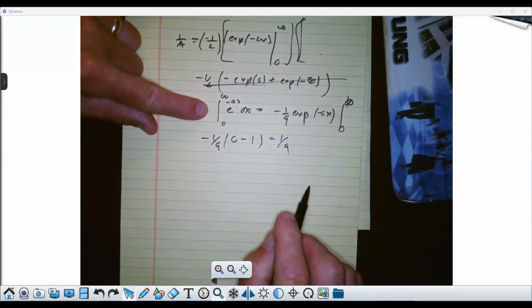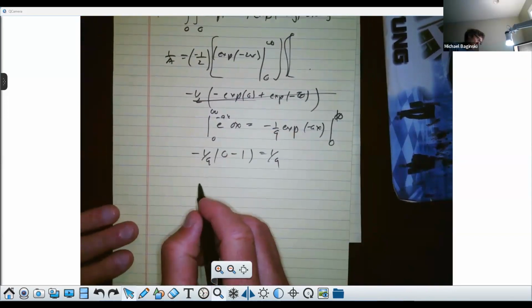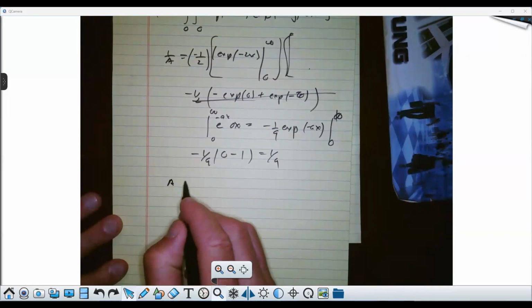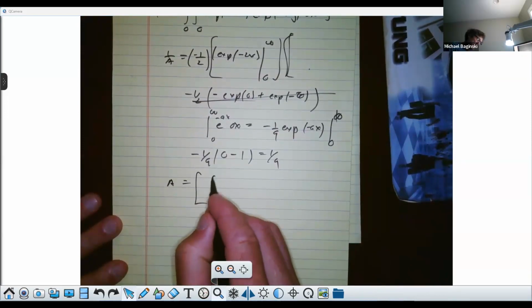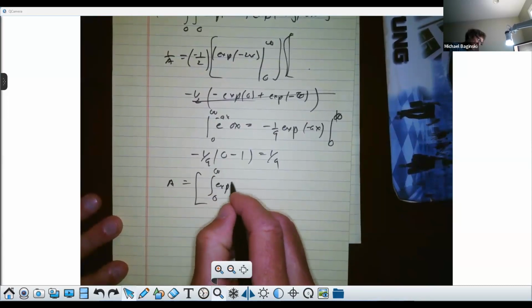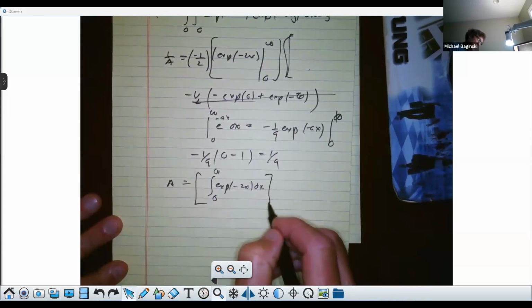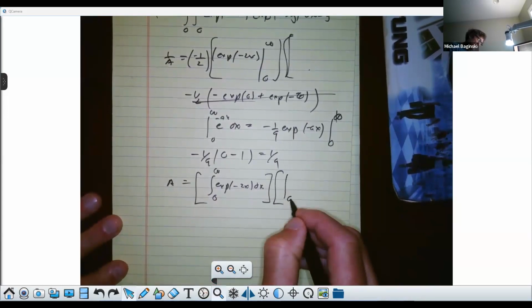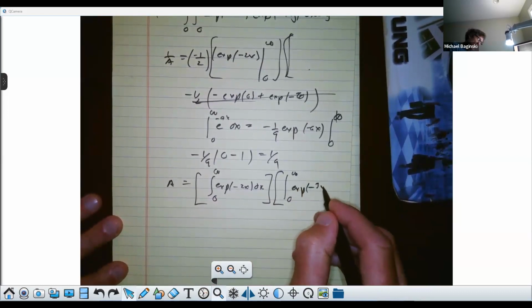So I guess my question is about the part where you did both, the minus 1/2 of just 2x. If you take a look at this, I'll set it up. It's equal to the integral from 0 to infinity of exp to the minus 2x dx, times the integral from 0 to infinity of exp to the minus 3y dy.